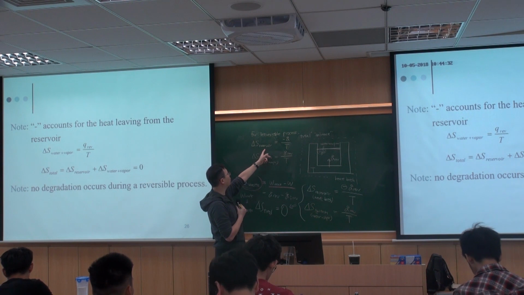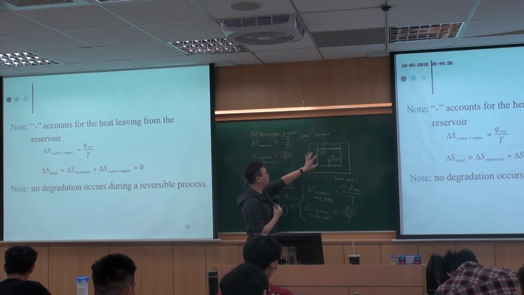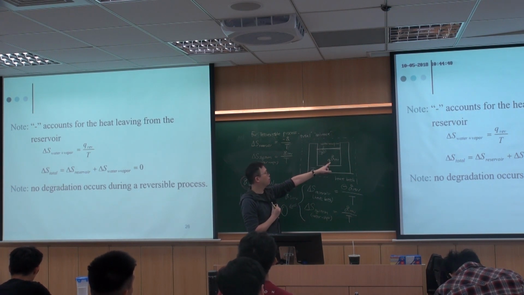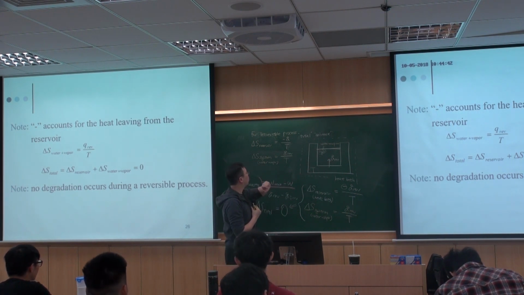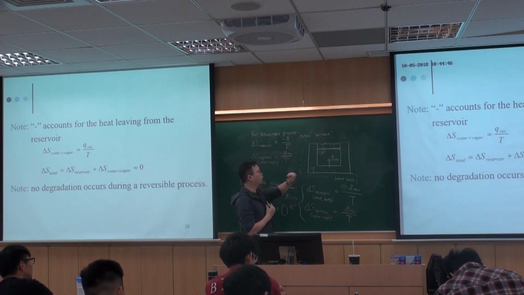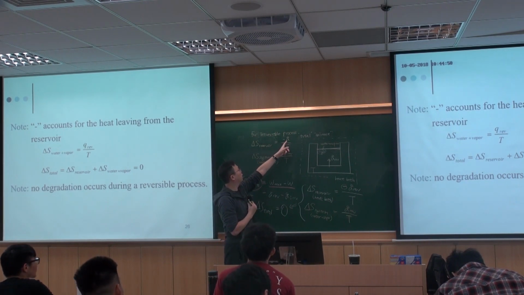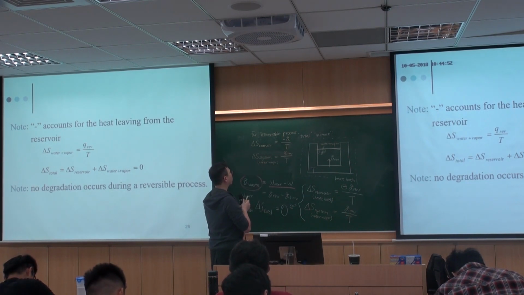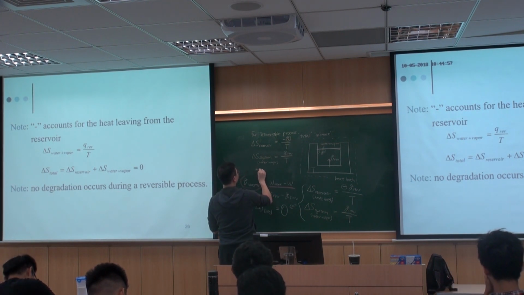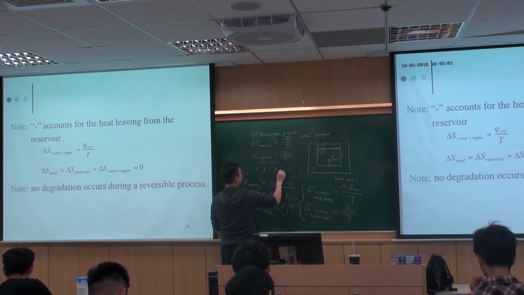But for the reservoir, since we don't need to supply that much heat, because some part of the work will be degraded into heat to overcome this difference between Q and Q reverse. Therefore, for the heat reservoir, we only need this Q, and Q is less than Q reverse.